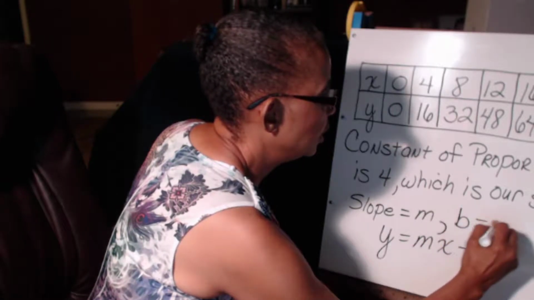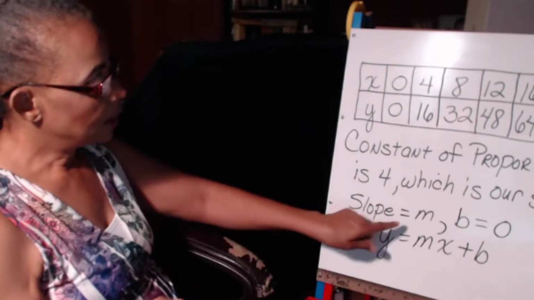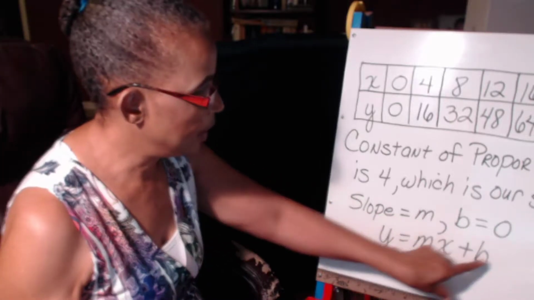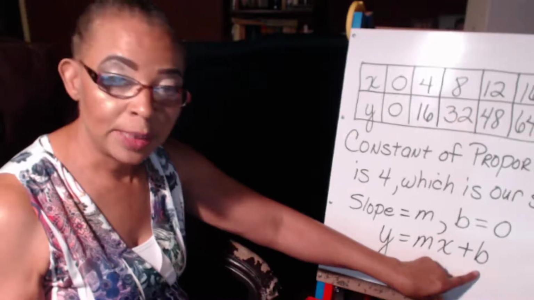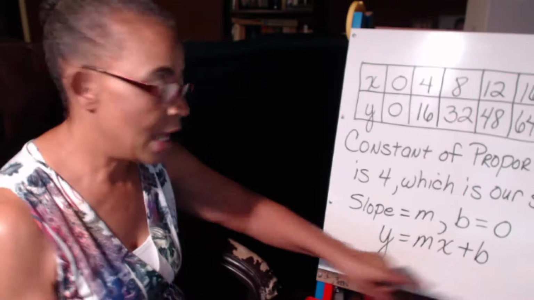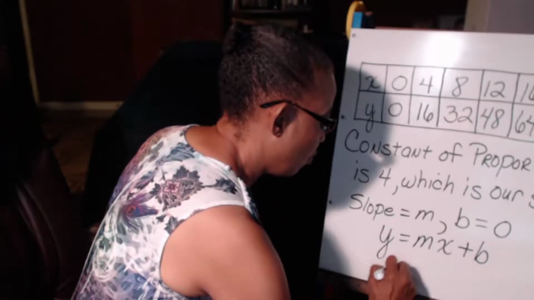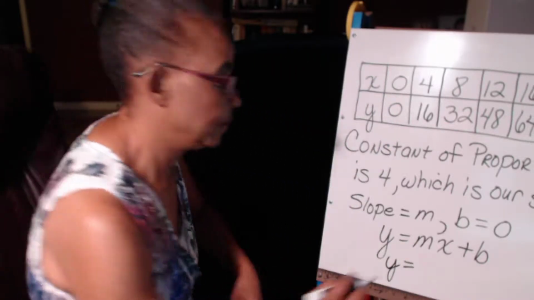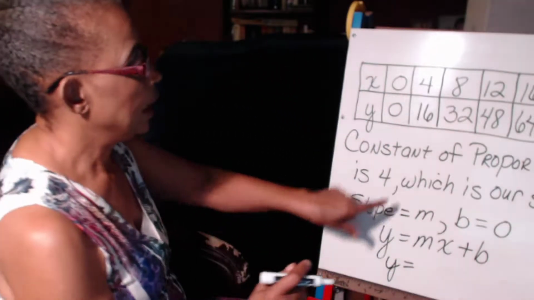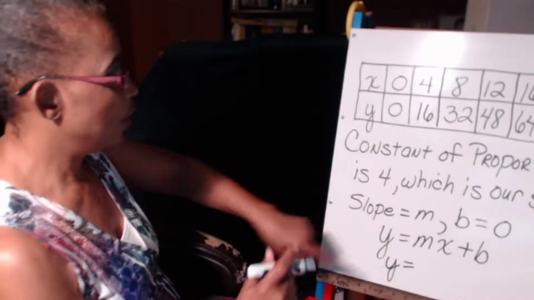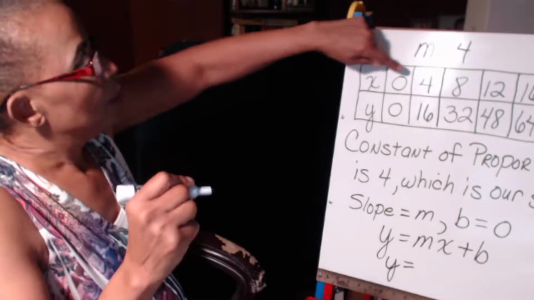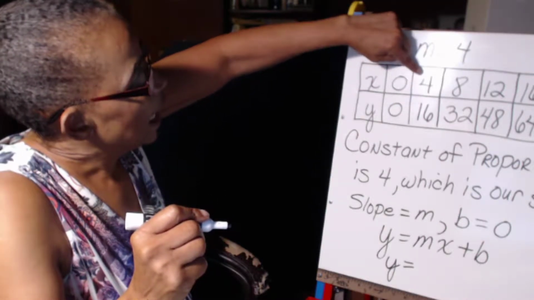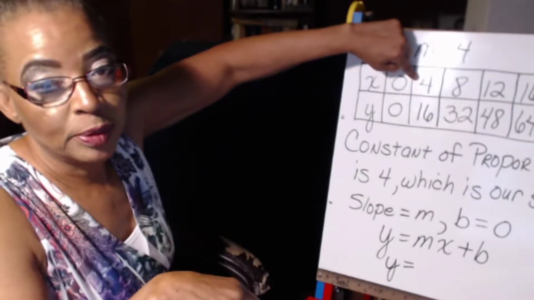B equals 0. So, substituting my m and my b into my slope-intercept equation for a line, I will have y equals, my slope is, we said it's going to be 4. M equals 4. Because in order to get 16, x must be 4 when we multiply by 4.